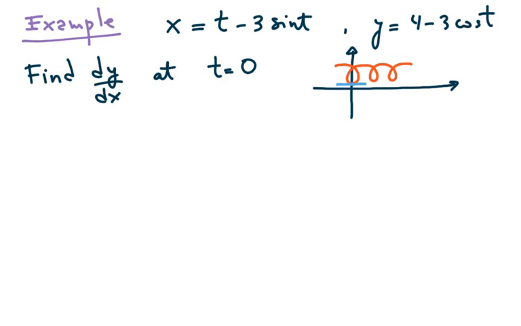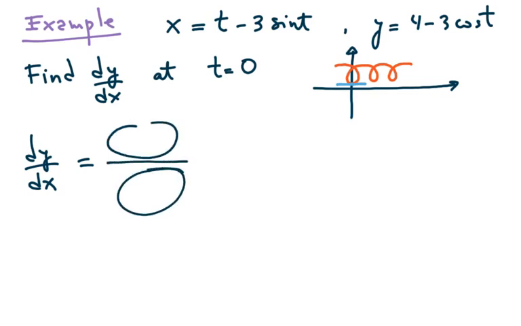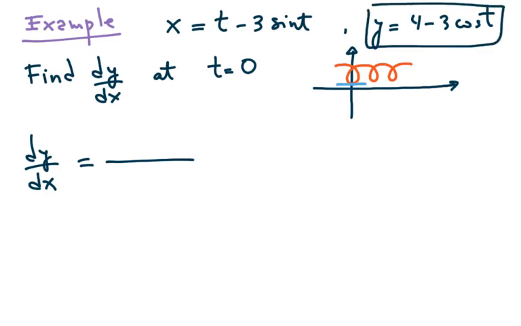But let's calculate it. We know that the derivative of y respect to x, according with the formula that we found before, we have to calculate the derivative of y divided by the derivative of x. So let's calculate these derivatives. The derivative of y, so y is this function here, so the derivative of y is going to be 3 sine of t.